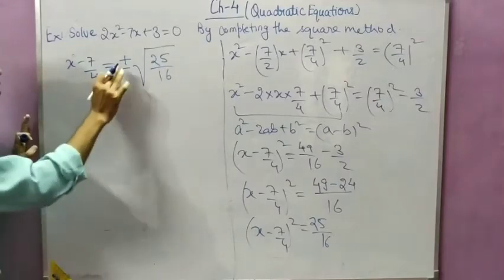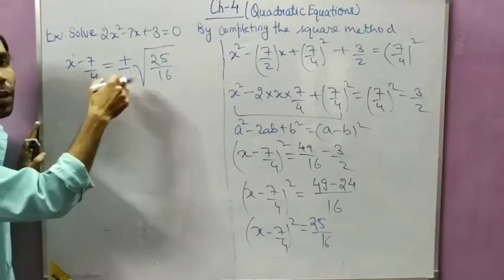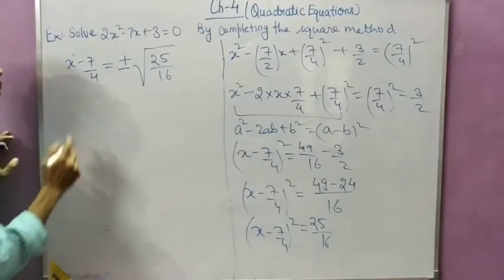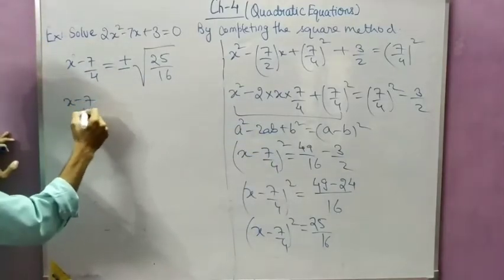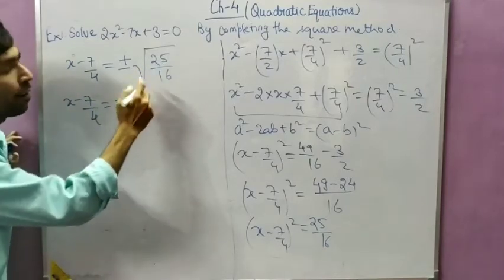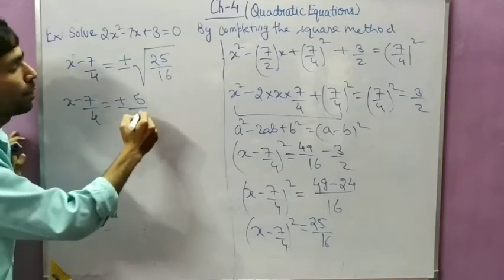When the square is removed and goes to that side, it becomes square root. So now x minus 7 by 4 is equal to plus minus square root of 25, which is 5, and square root of 16, which is 4.